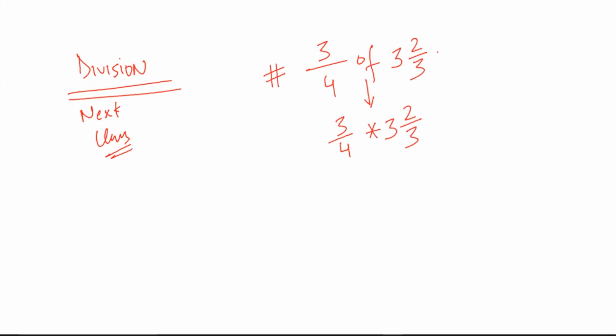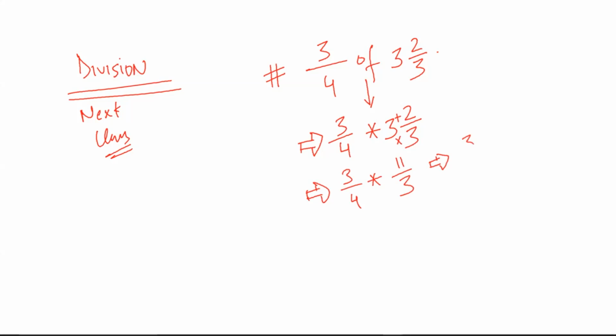Can you do this? Yes, sir. Good. Great. Okay. So 3 by 4 will remain 3 by 4. 3 2 by 3 will become 3 into 3, 9 plus 2, 11 by 3. Is it okay, Mr. Sarthak?